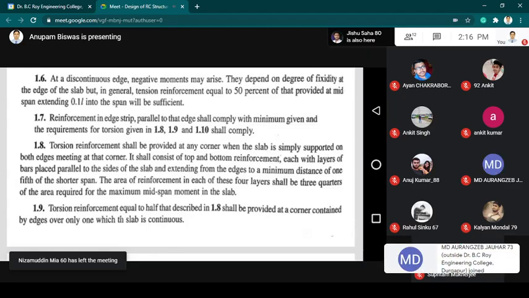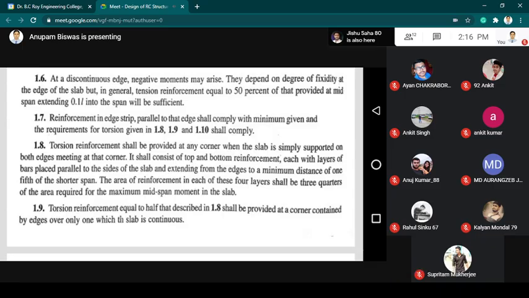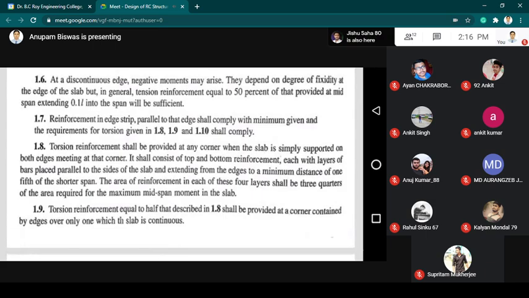Now next, the torsional reinforcement to be provided is equal to half of that discussed in section 1.8, and it is to be provided at corners contained by edges over only one of which the slab is continuous.